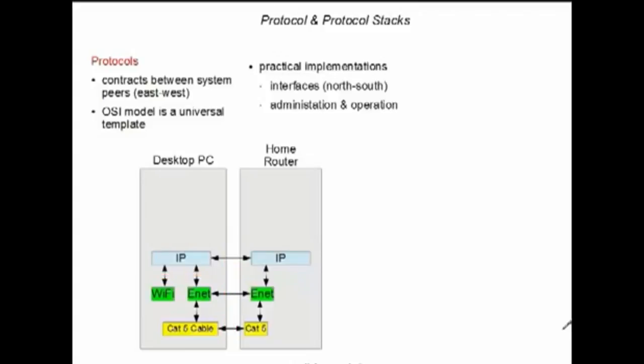The way the protocols work is if you are using an application on your desktop PC and that application wants to send a message into the Internet, what would happen is the application has an interface to the IP layer and would pass the data to the IP layer for transfer. The IP layer will be responsible for segmenting that information and breaking it into IP PDUs, protocol data units.